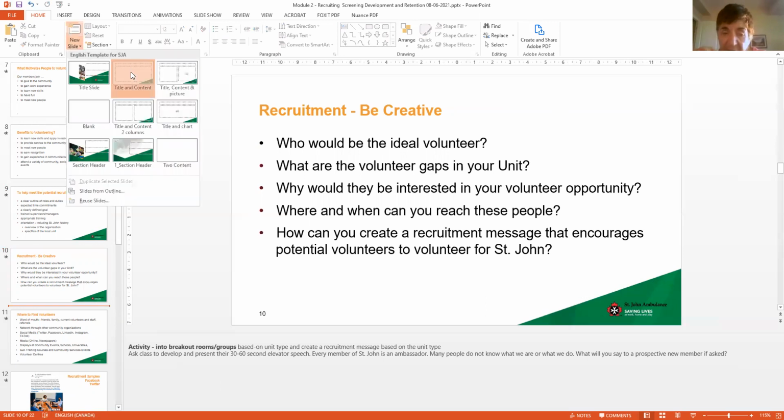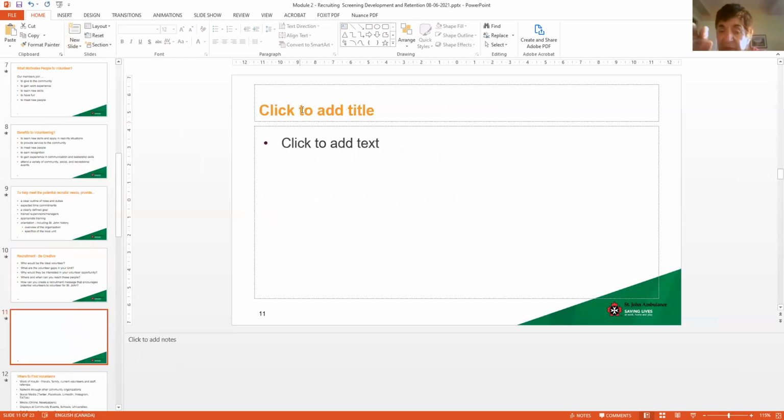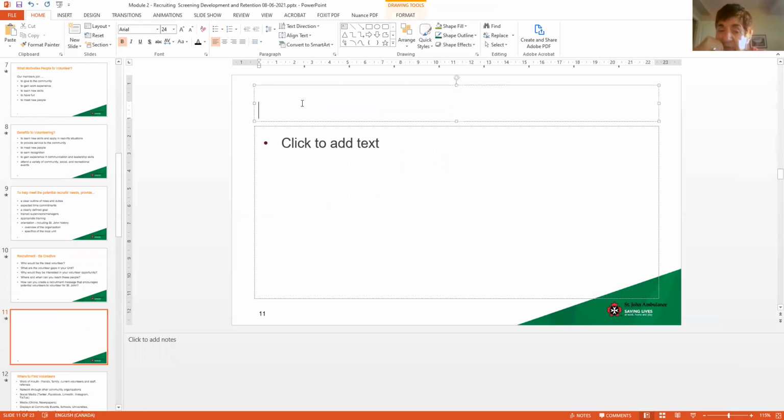Then you take another slide and ask them to reflect and discuss the questions. Take 5 minutes, 10 minutes in the group or whatever. Reflect and discuss in a small group. And you can put that in your time.